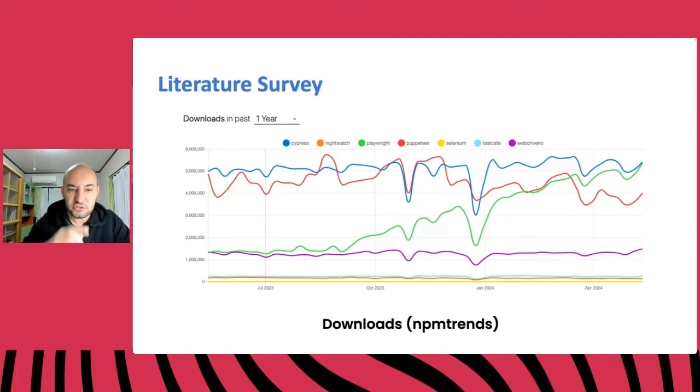On Playwright, which is the green line, there's a decent increase nowadays. This is the last one year graph. We can see from where it started, now it is one of the most downloaded ones, with Cypress too. Cypress had stability for some time, because some time ago it was the most commonly used one. But nowadays Cypress is not the only one anymore, but is sharing the first place with Playwright. Again, this is just a reference, but your choice might be a different one.